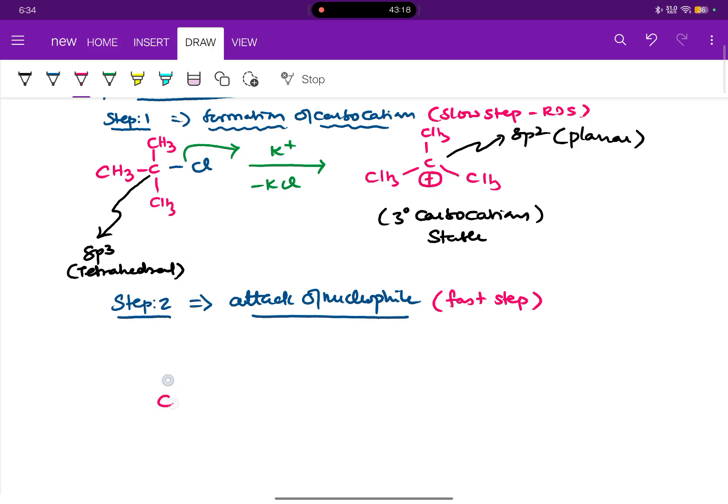Okay? Yes, sir. So the attack of the nucleophile will be very fast. So Br minus will come and attack. So I will get again from planar structure.